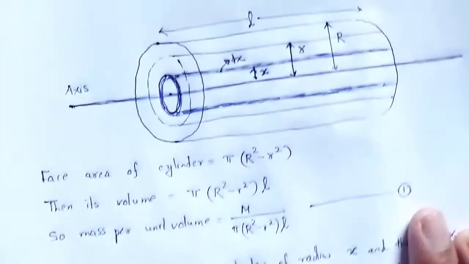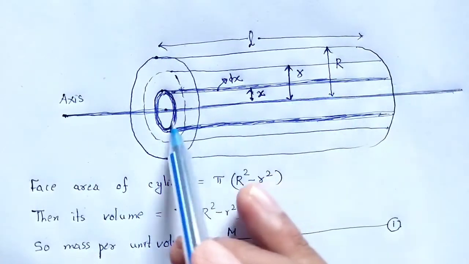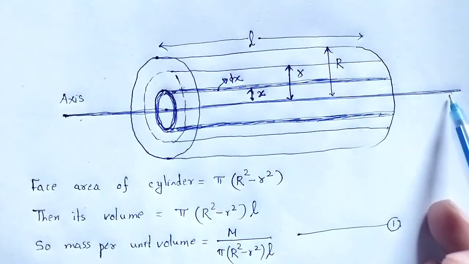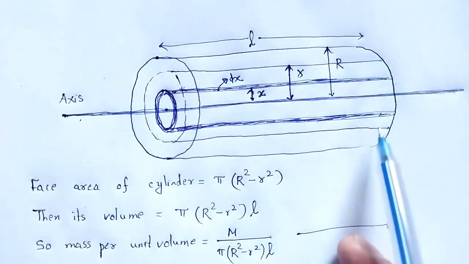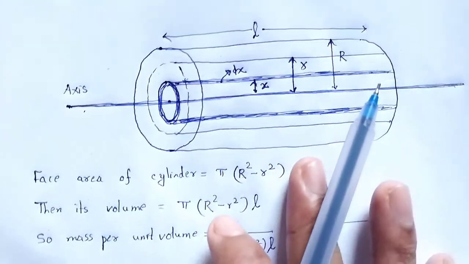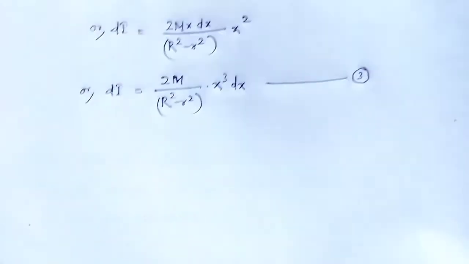Now we have found the moment of inertia of the elementary disc about the axis. So the total moment of inertia due to this hollow cylinder about the axis we can find by integrating this with proper limits.